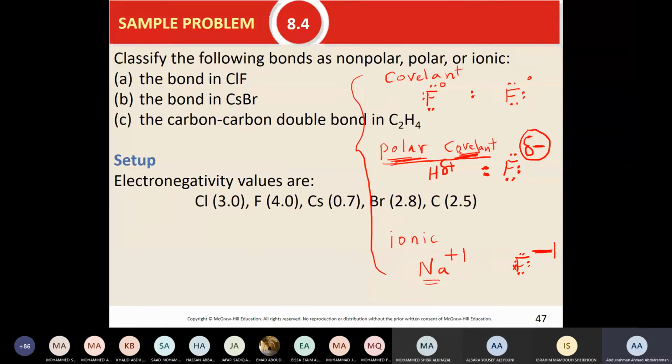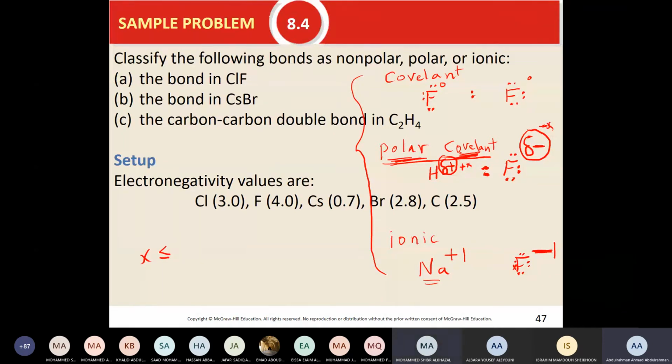Now, let's assume that this partial negative is -X. Then what will be the partial in hydrogen? Plus X. Is this clear? And is this X greater than 1? X must be less than 1.